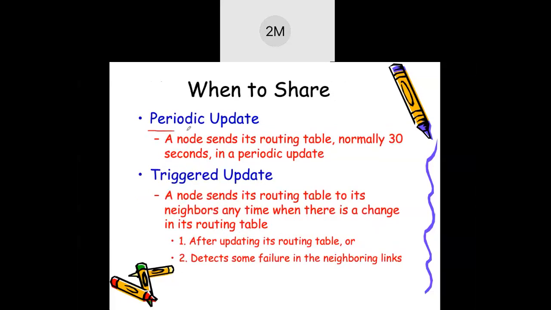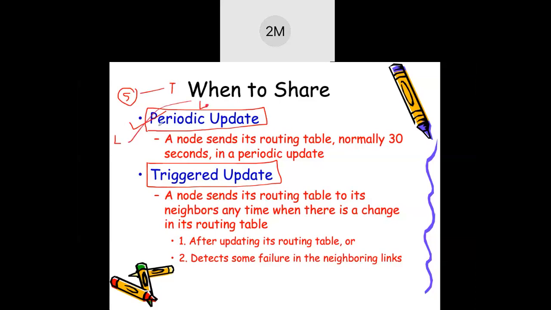Periodic update is there and triggered update is there. Periodic update disadvantage: deciding the timing. Timing small will create the traffic. Timing very large will lose the entries or miss the entries.